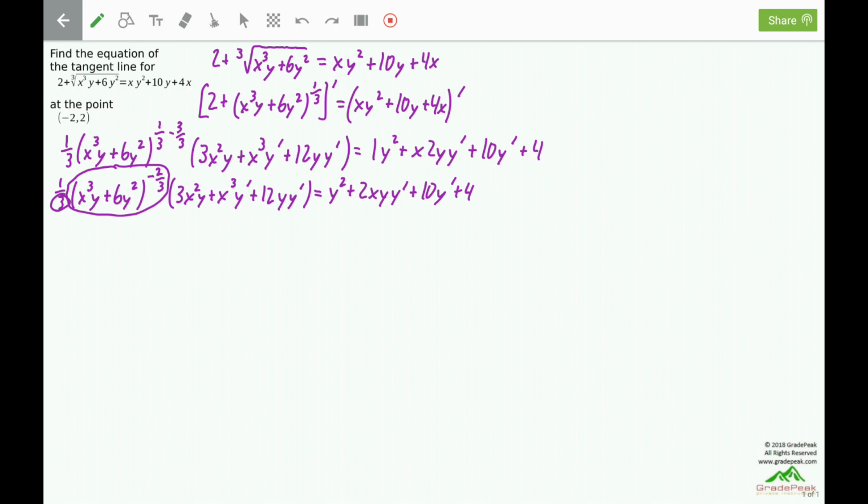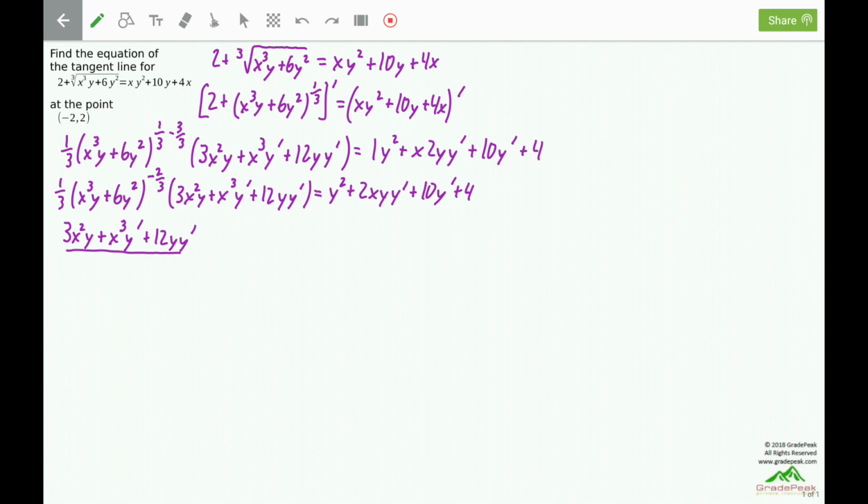So in the numerator, we will have 1 times everything in the parentheses here. Well, 1 times anything is the same thing. So that'll be our numerator over the denominator. So we will have 3x squared y plus x cubed y prime plus 12y y prime, all over.